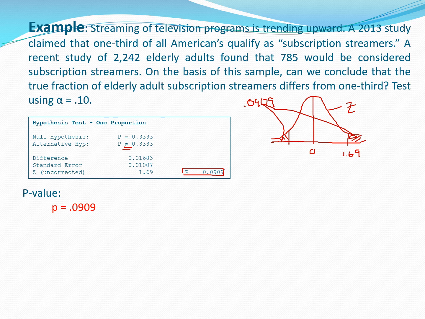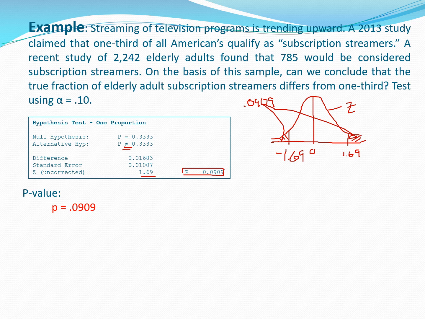When you have a printout, you don't have to find them in the table. And sometimes when you go to the table, you're going to be off a little bit because the test statistic isn't really 1.69. It might be 1.684173332. So it might be off just a smidge.